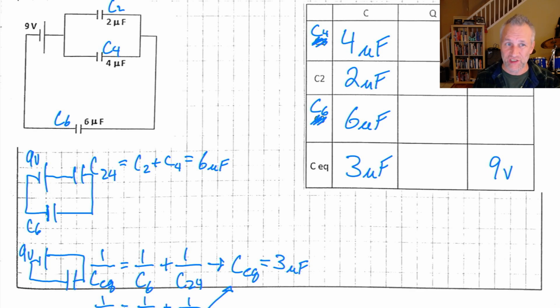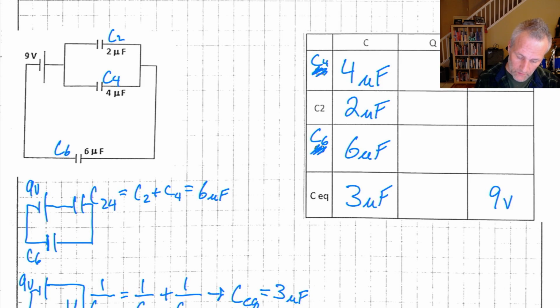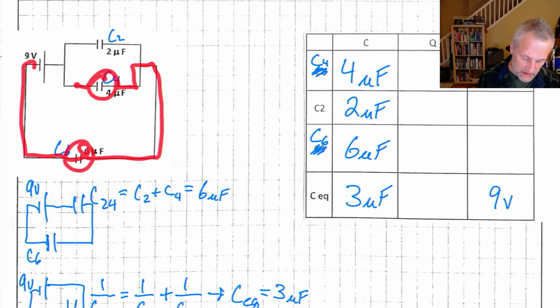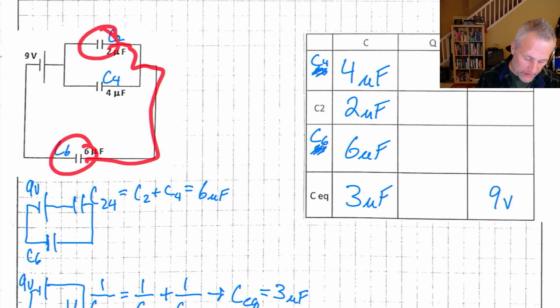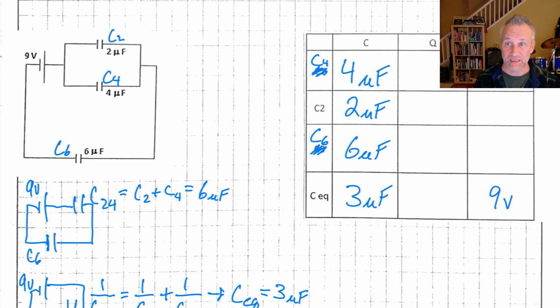Do I know the voltages on any of these other capacitors? No, because they're not connected straight back to the voltage source on both sides. What I do know is that if I went around the circuit, this plus this would have to equal that 9, right? So C4 and C6, those two have to equal the 9 volts together. Or I could say this one and this one have to equal 9 volts together.